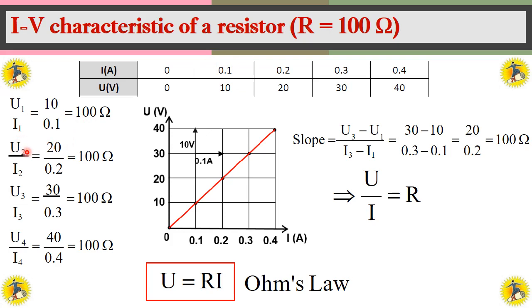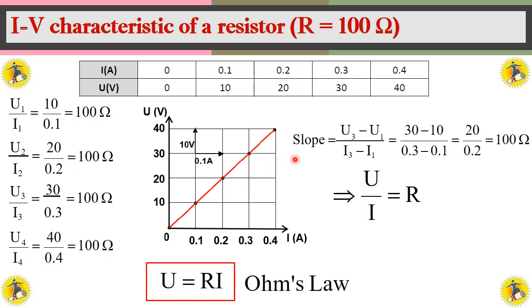Then U2 over I2, also we get the same value, 100. U3 over I3, also we get 100. Finally U4 over I4, we get 100. So we notice that all these values are the same.